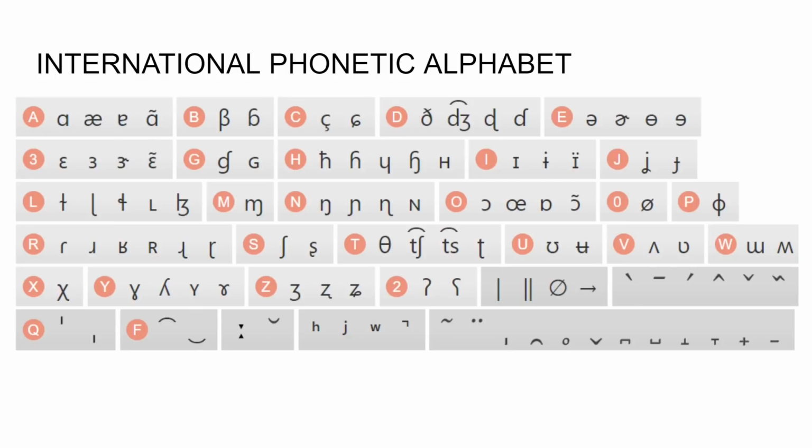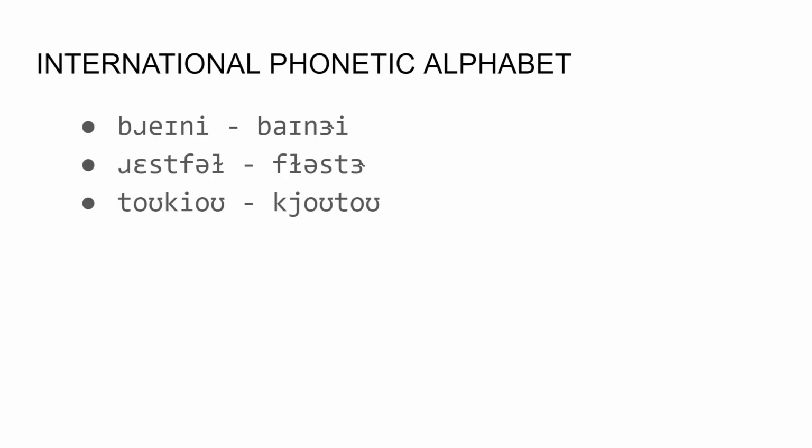Let's take a look at the phonemes for our anagrams. Brainy, binary, restful, fluster, Tokyo, Kyoto. This is how these words are spelled using phonemes. And looking at the phonemes, we can see that none of these words use exactly the same sounds as their pair. So what do you call two words that have the same phonemes, but not necessarily in the same order?